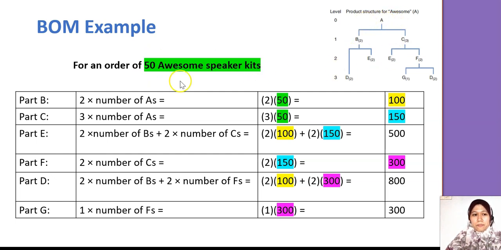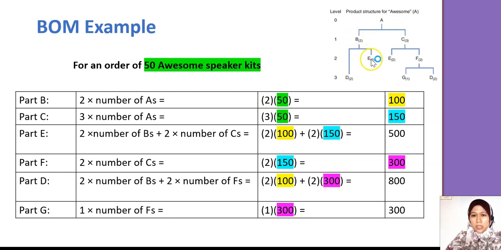For B, it is 2 times the final product, which is 50. So 2 times 50, you get 100. And for C it is 3 times the final product, so 3 times 50, you get 150. Then let's do the E part first.